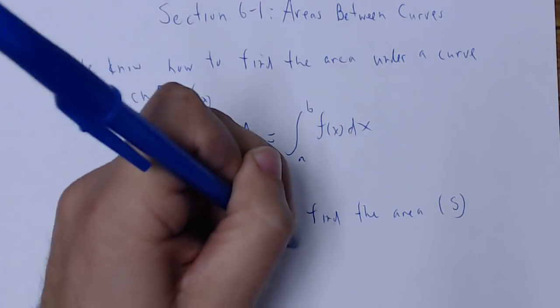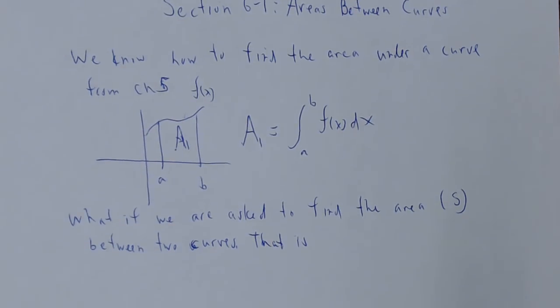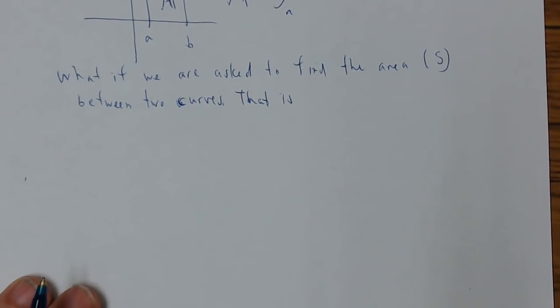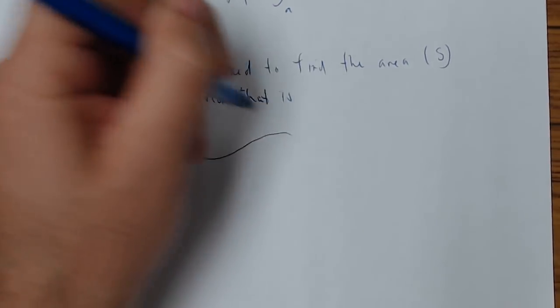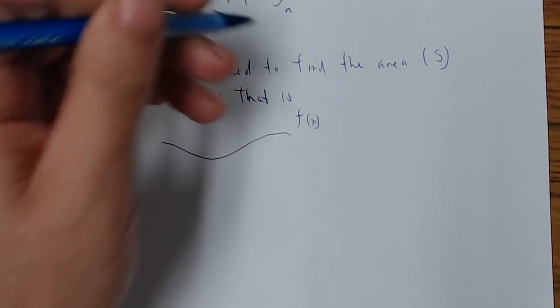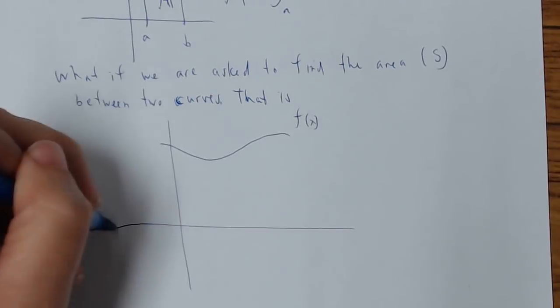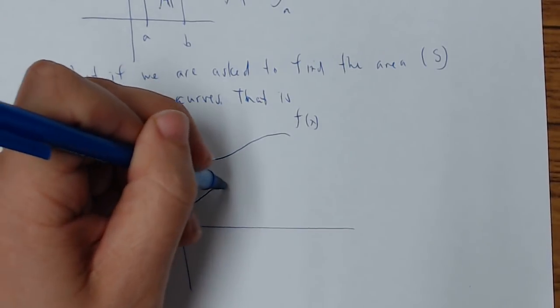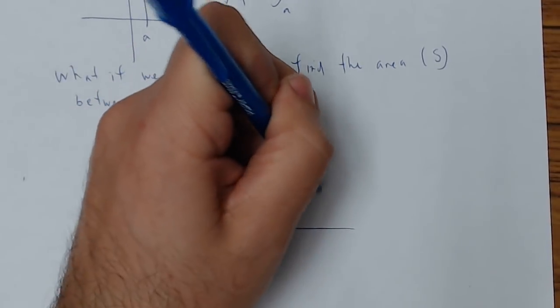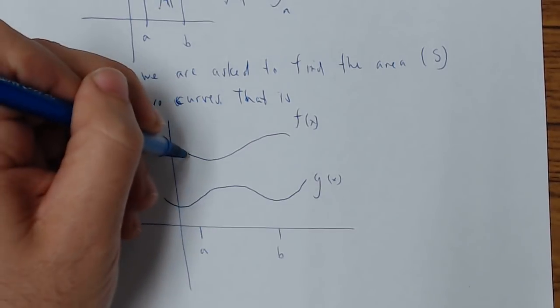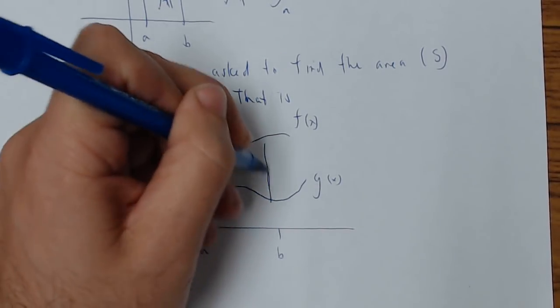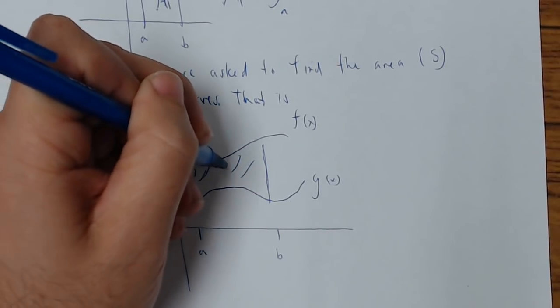If I were to take two curves, let's say this is the function f of x, and this is a function g of x, what I want to do is find the area between the two curves, which is this region.